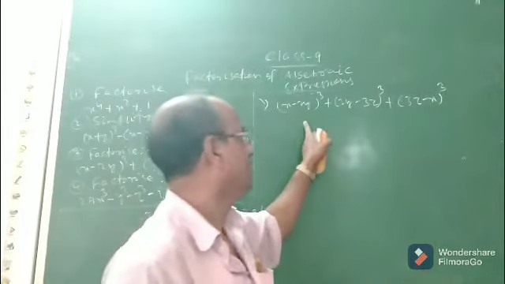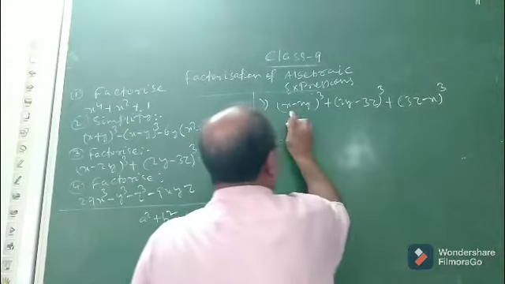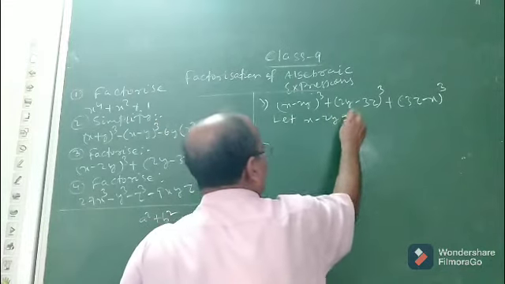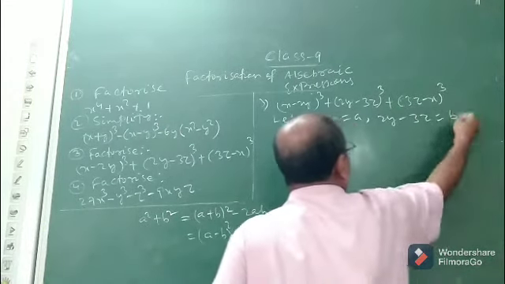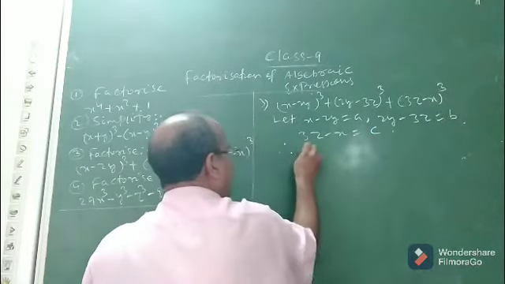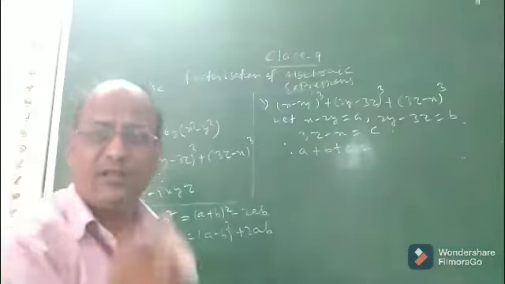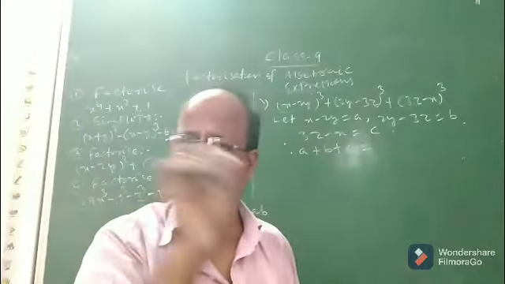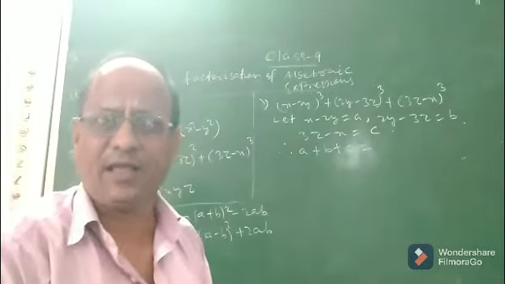So you see, in order to factorize this algebraic expression, take this one a. Let x minus 2y equal to a, 2y minus 3z equal to b, and 3z minus x equal to c. Now you find the value of a plus b plus c. Why? Because we will use the conditional identity: if a plus b plus c equal to 0, then a cube plus b cube plus c cube will be equal to 3abc.